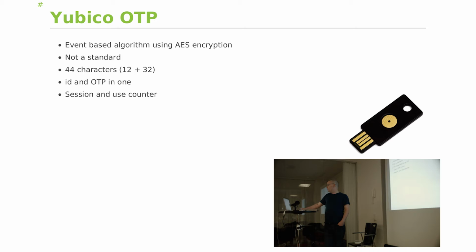It contains 2 counters, originally to decrease flash wear on the token. It's 1 counter that counts up every time you insert the key into a computer, and 1 counter that counts from 0 from power up for each button press.